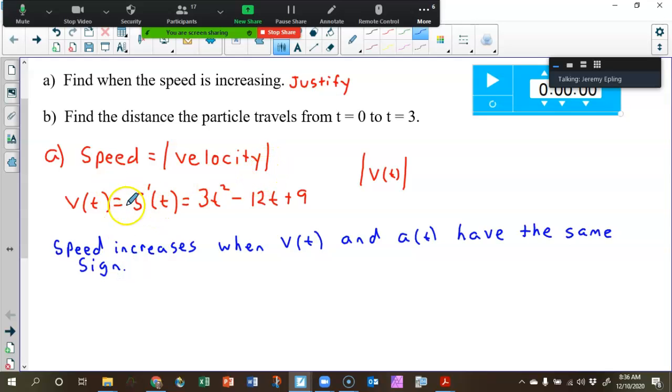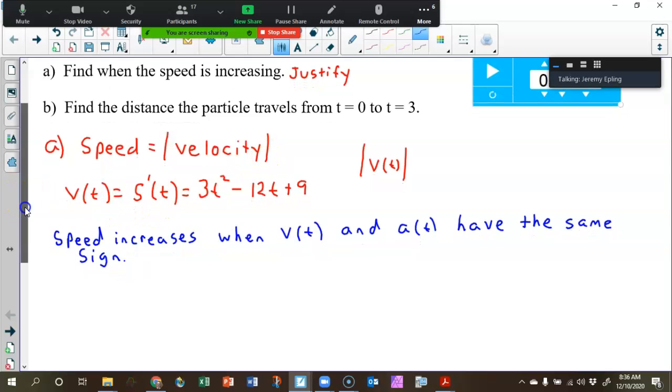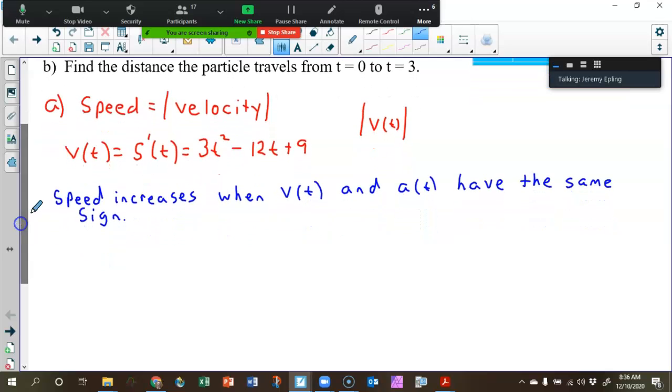So I need to know about the signs of velocity and acceleration. Well, that's going to require that I actually know what acceleration is.